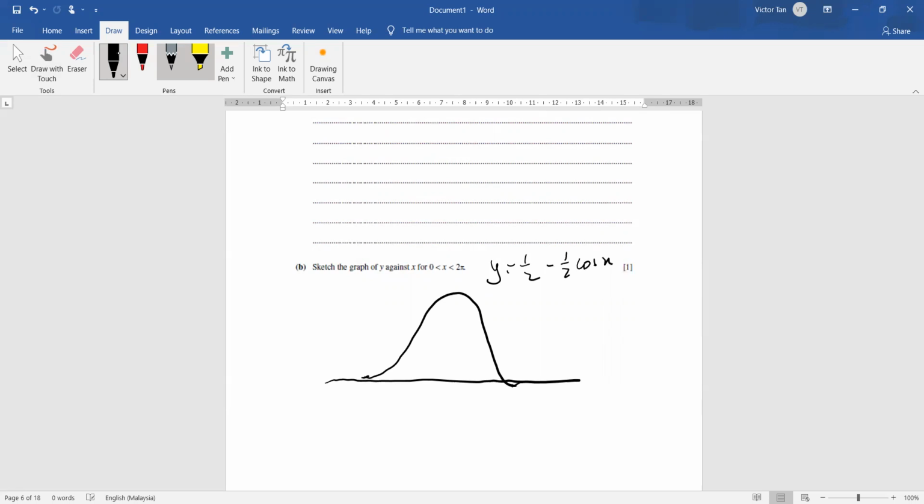Therefore, the graph will be up to here will be 2 pi.